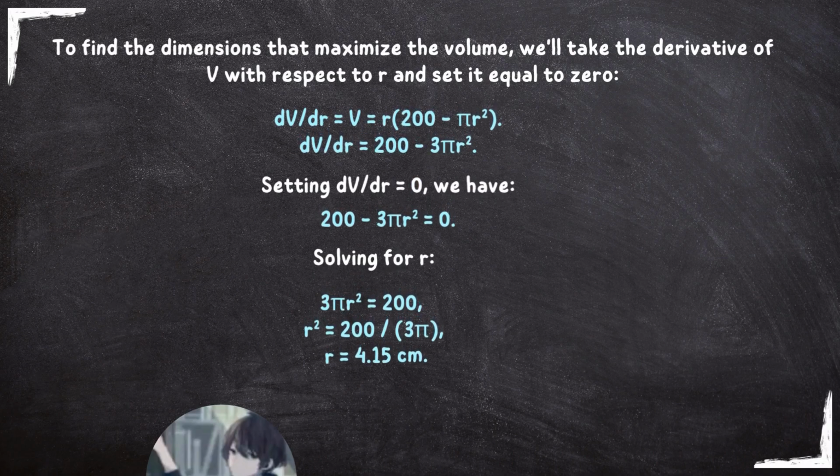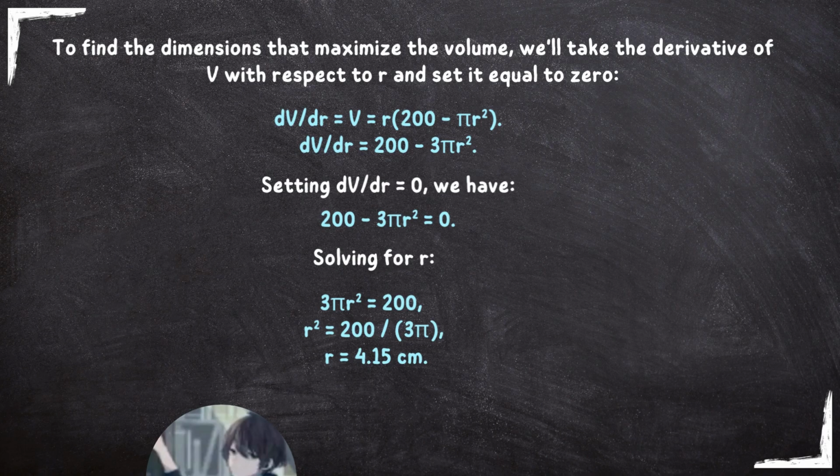To find the dimensions that maximize the volume, we'll take the derivative of V with respect to r and set it equal to 0. dV/dr = 200 − 3πr².